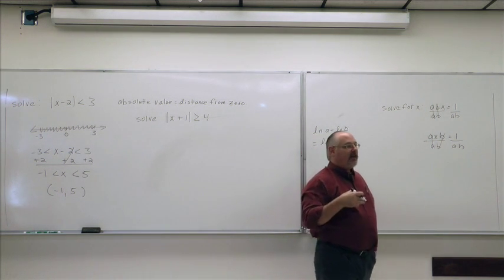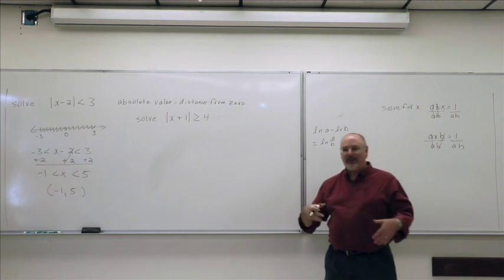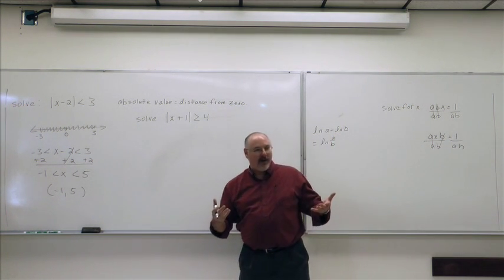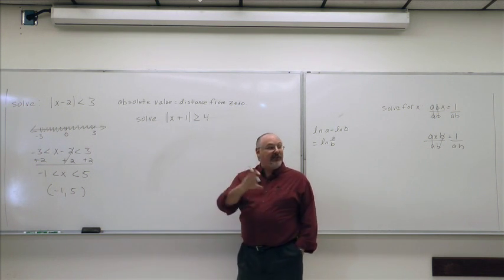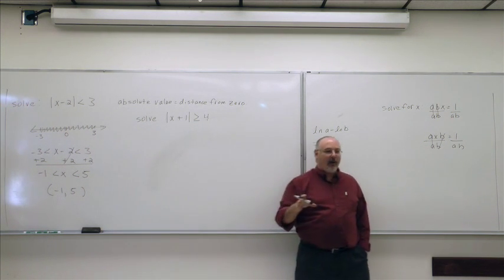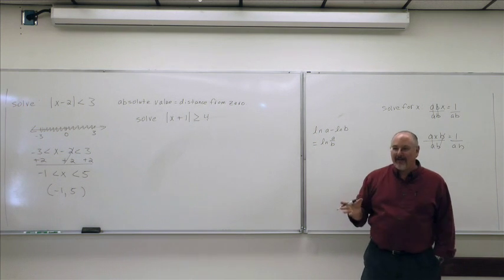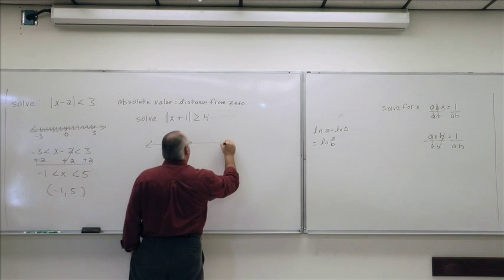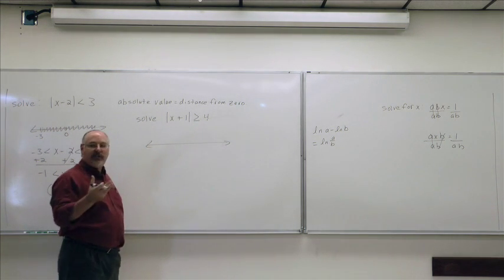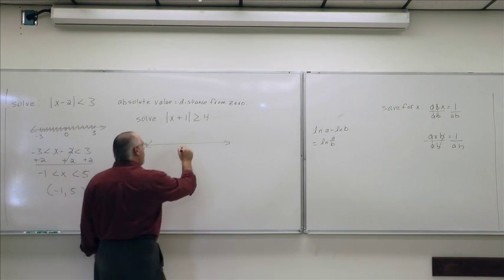This is my bodyguard example, or a restraining order example. That x plus 1 has to stay at least 4 units away from 0, or the bodyguards are going to get involved.